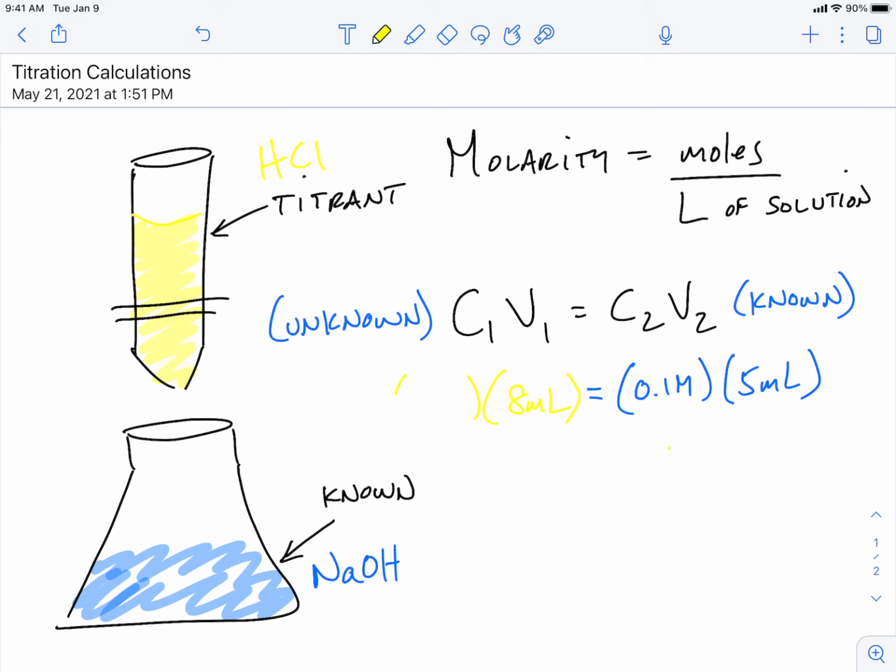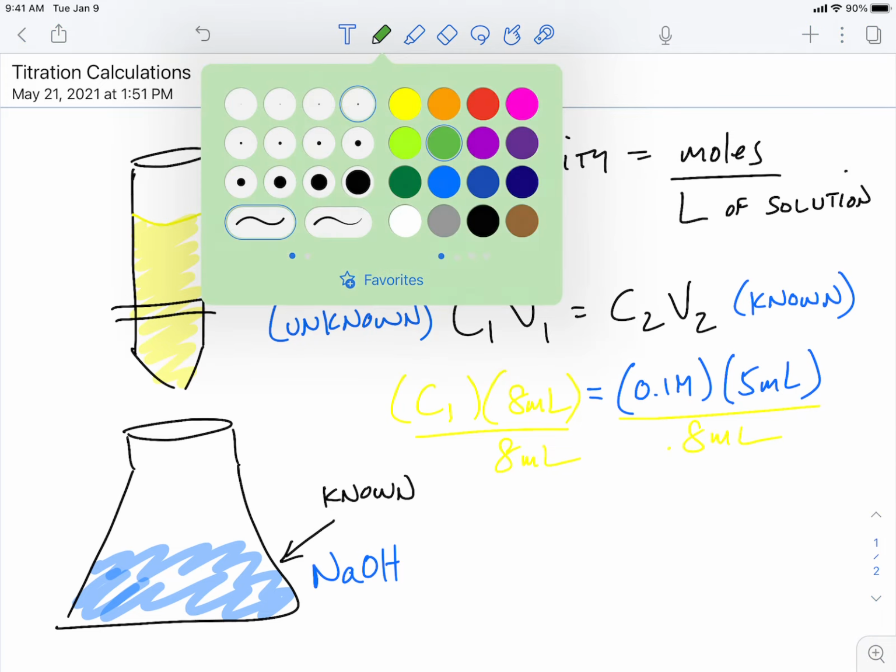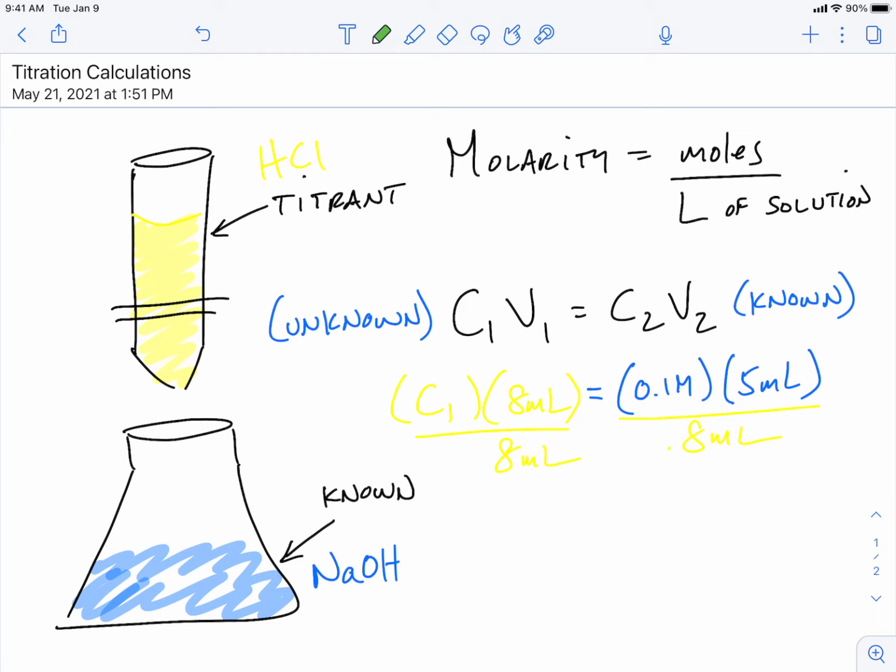What we could then do is figure out the concentration of that hydrochloric acid. We divide both sides by 8 milliliters to get C1 by itself. Since we went yellow and blue plus green, I'll cancel these out in green. The numbers cancel out and the units cancel out on the left-hand side. On the right-hand side, our units of milliliters cancel out.